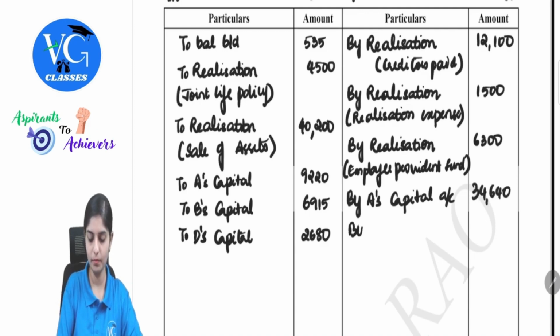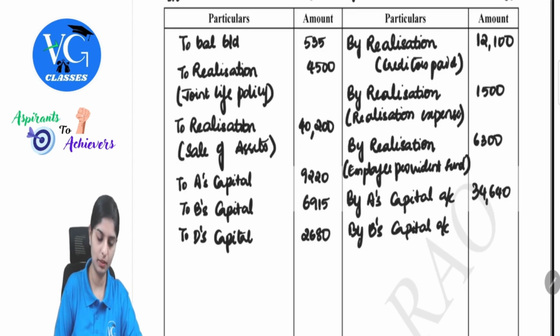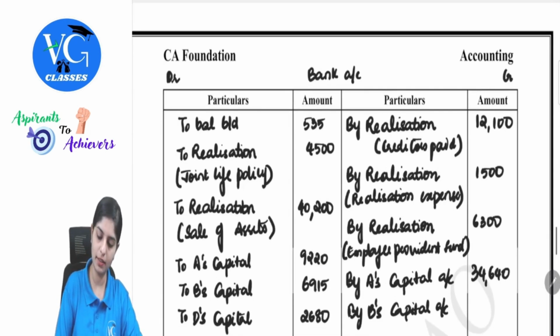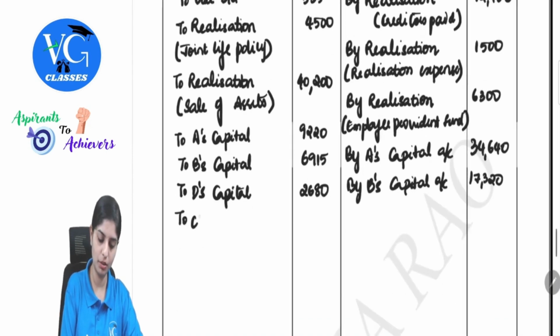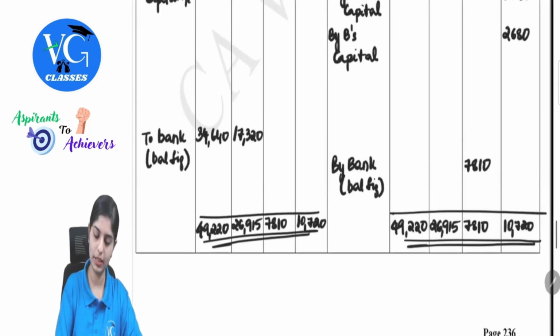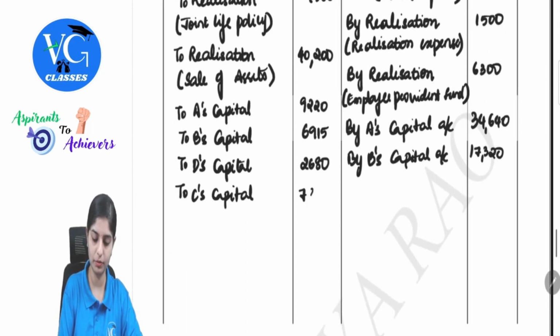34,640 by B's capital account 17,320. Then to C's capital 7810.